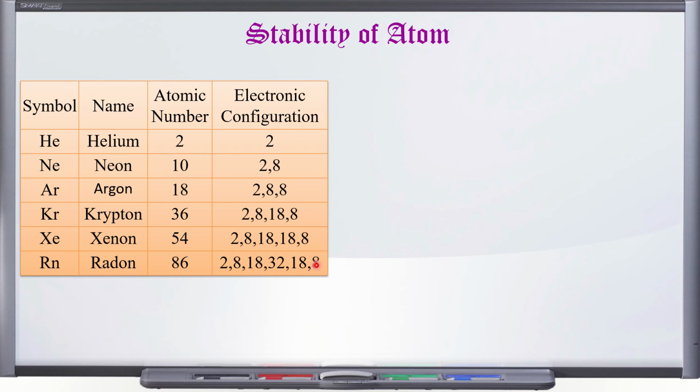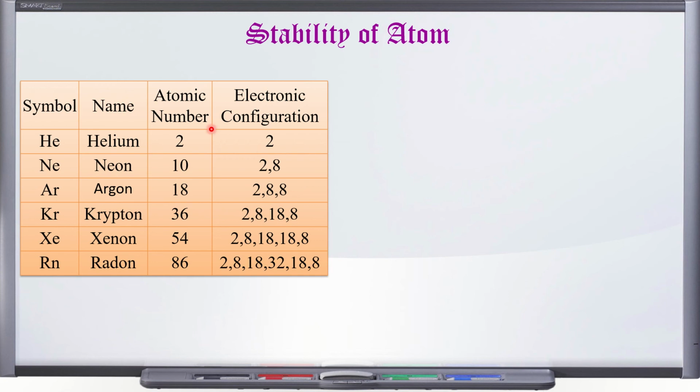The atoms which have 8 electrons on their last shell are stable in nature, automatically stable. Other elements do not have 8 electrons on their last shell. They are not stable, but they want to become stable, so they want to gain 8 electrons on their last shell.